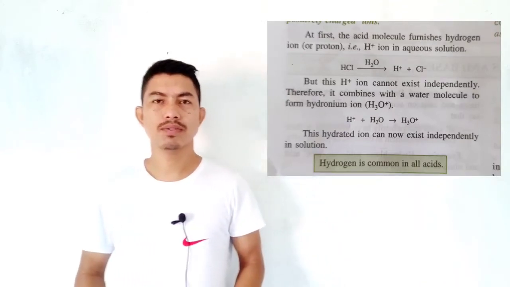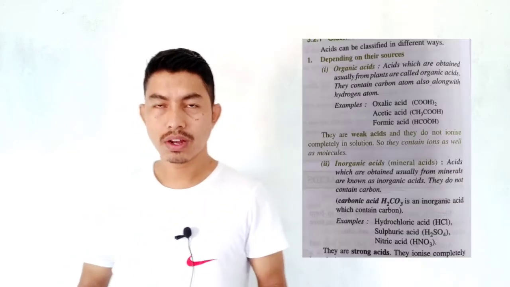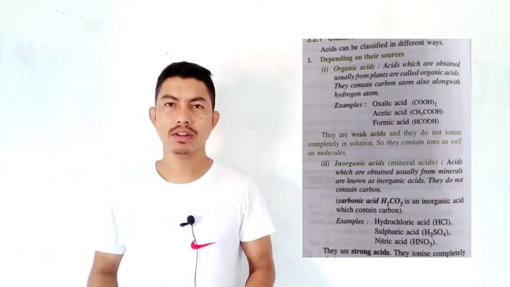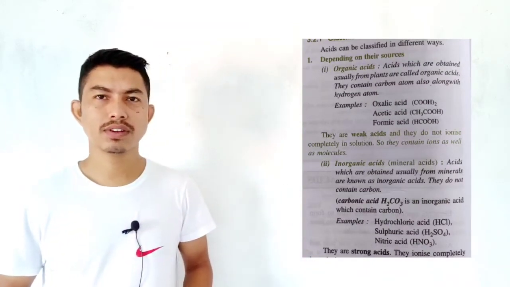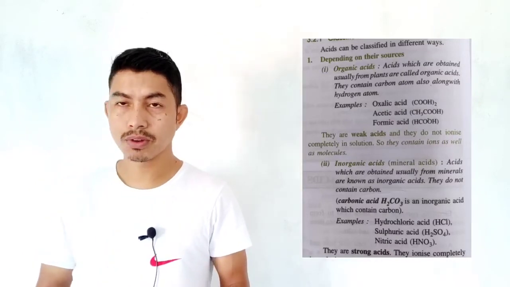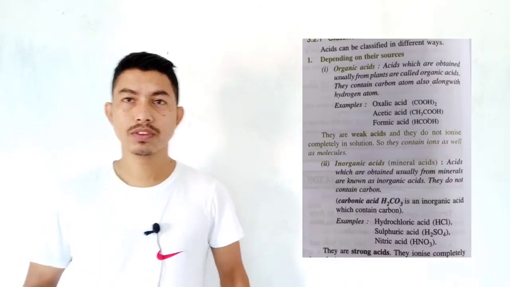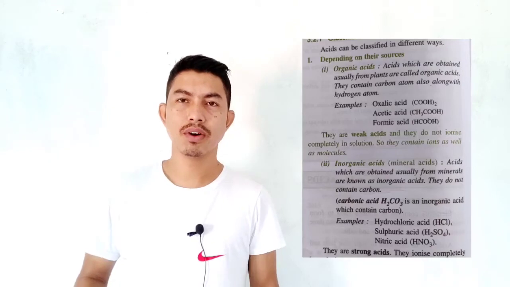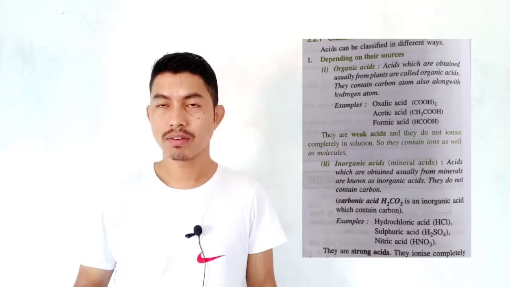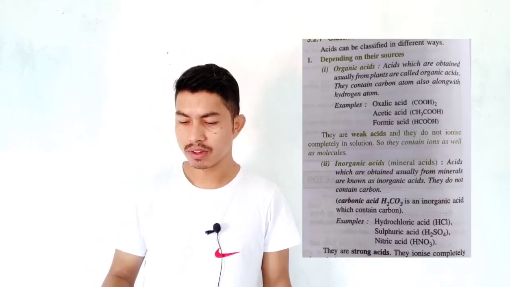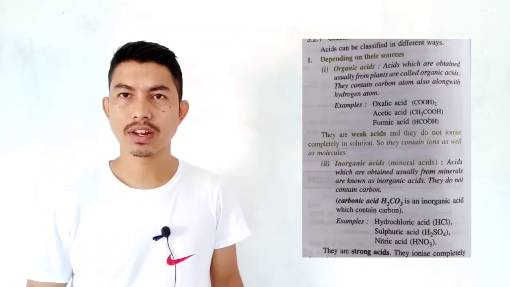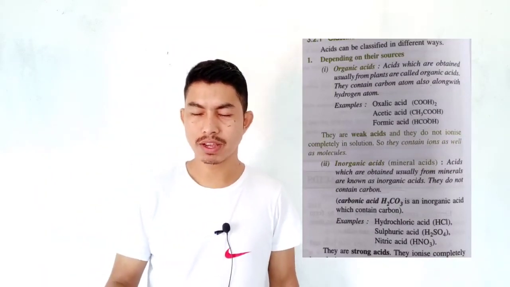Now coming to the classification of acids. Depending upon its source, an acid can be classified as organic or inorganic. Organic acids are those which are produced by living organisms, especially plants and animals. A few examples are oxalic acid, acetic acid and formic acid.